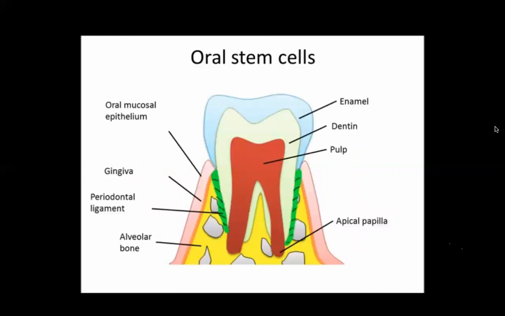From the dental pulp, gingiva, and periodontal ligament, we have mesenchymal stem cells, including dental pulp stem cells, stem cells from exfoliated deciduous teeth, and stem cells from the apical papilla. Periodontal ligament stem cells, dental follicle stem cells, and gingival mesenchymal stem cells are also included. From oral mucosa, epithelial stem cells have been isolated.